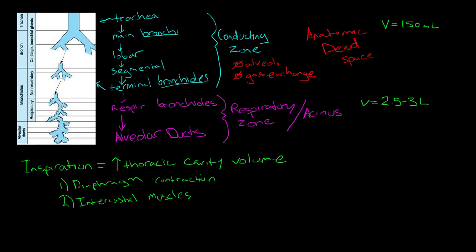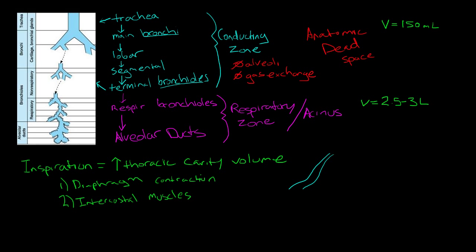There's an important aspect that I want to introduce here, though, about flow. So in the conducting zone, the conducting zone is a lot like a river. The surface area of the conducting zone is relatively small compared to the respiratory zone, but the velocity of flow through the conducting zone is really quick.